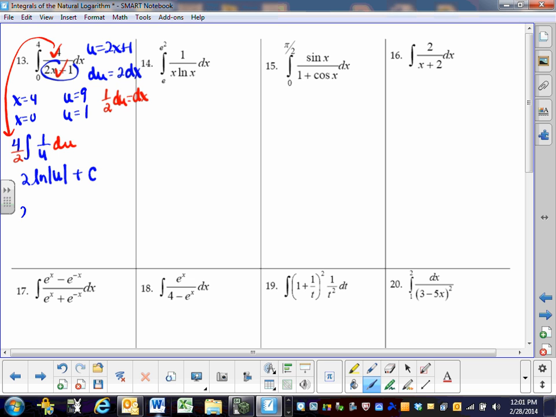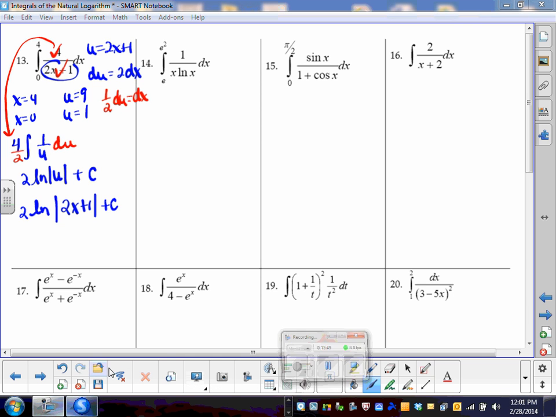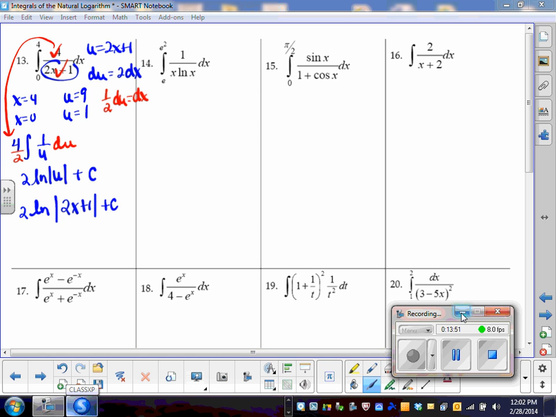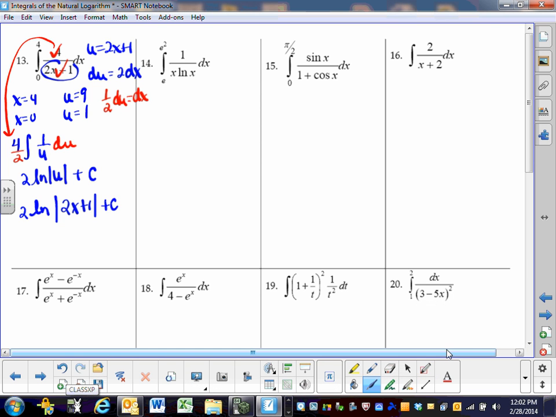My u is going to be 2x plus 1. So my du is 2 dx. So if my x is 4 and my x is 0 initially, my u is going to be 9 and my u is going to be 1. So I have a 4 that I can factor out. I have 1 over u.